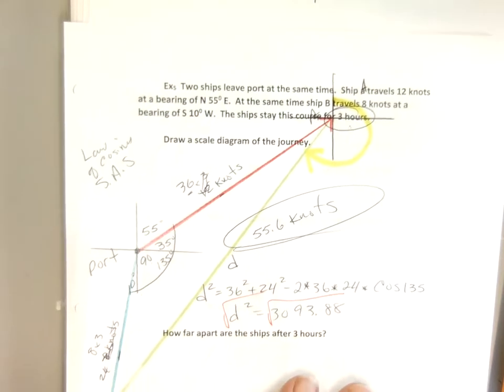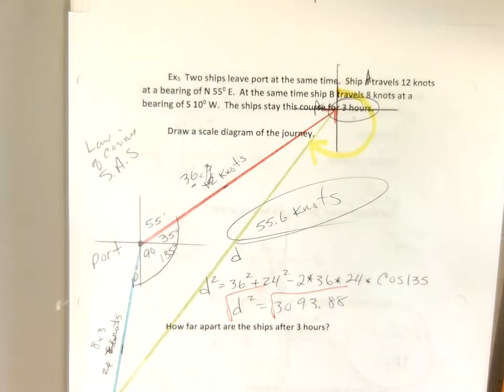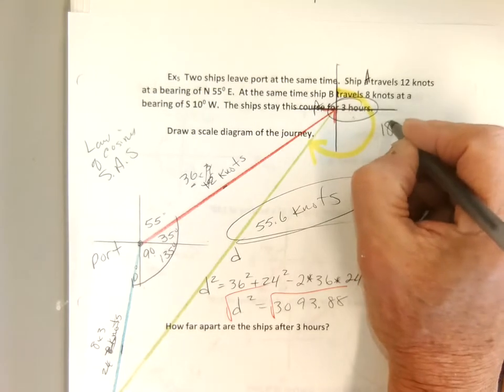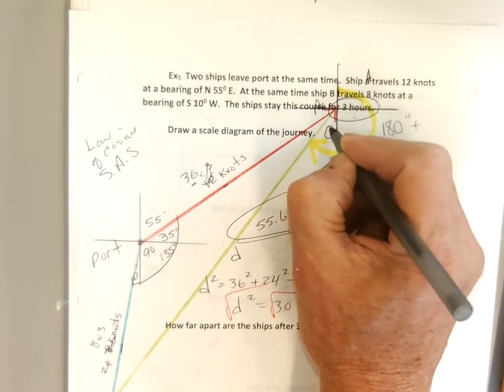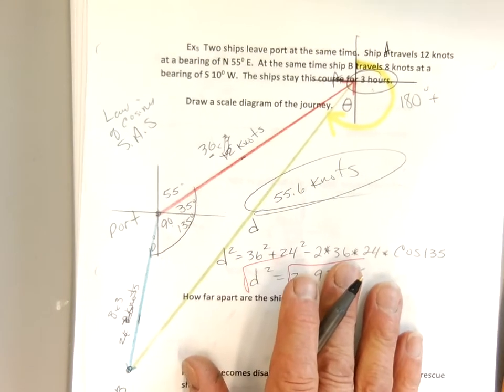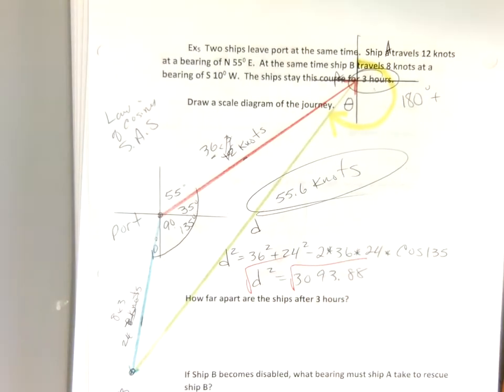So we're looking for that angle. Now part of that I know is a 180 degree rotation. You guys agree? So part of it is I've got 180 degrees for sure, plus this angle right here. Let's call it theta, okay? This is not intuitive, but I'm going to help you.